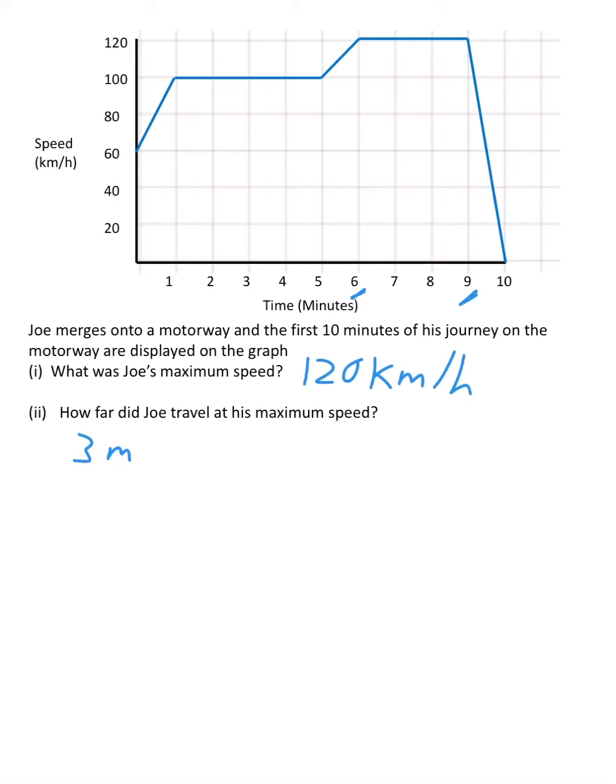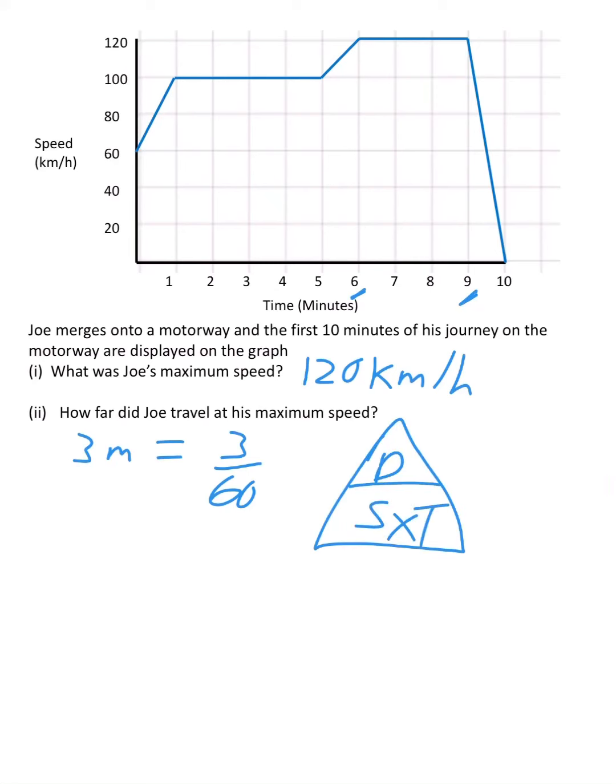and out of an hour, that would be 3/60. Now, going back to our triangle, we're looking for how far, so that would be distance. So we'll cover distance. Now we have speed times time.